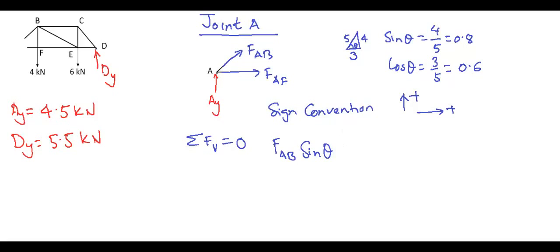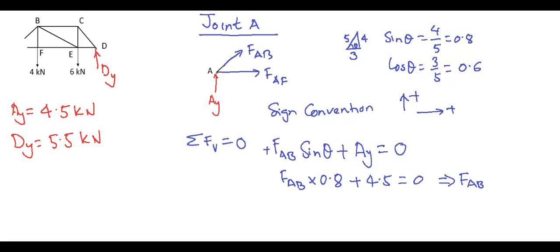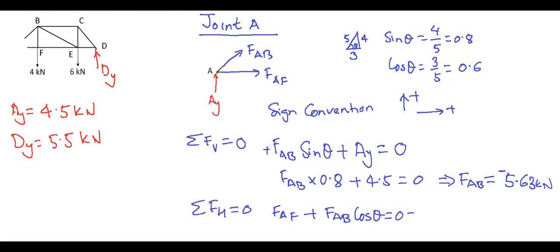So the forces acting are FAB sine theta upward and AY upward, which becomes 0. Substituting the values, FAB times 0.8 plus AY, which is 4.5 kN, should be equal to 0. This gives FAB equals 5.63 kN negative. Now use summation of horizontal forces equals 0 in joint A. FAF plus FAB cosine theta equals 0.